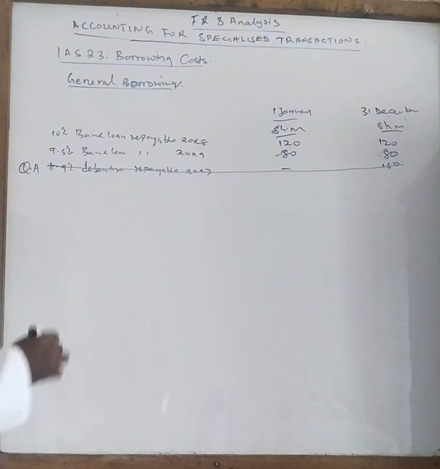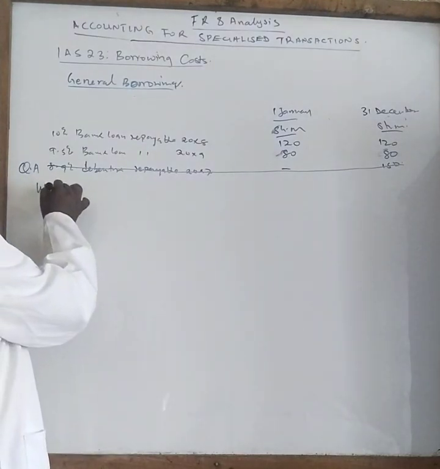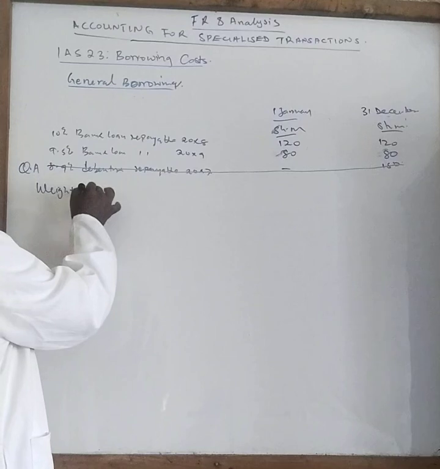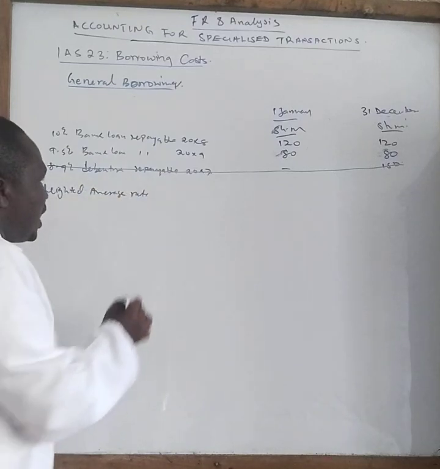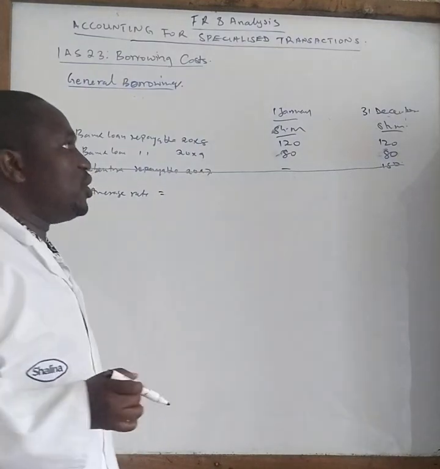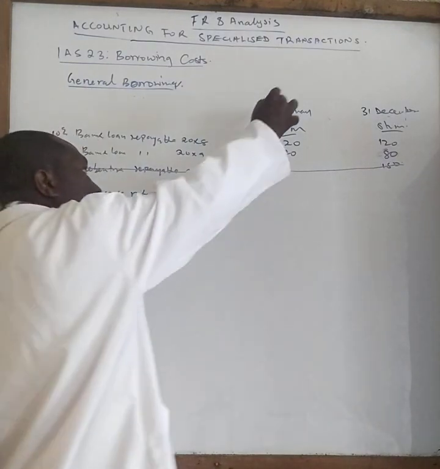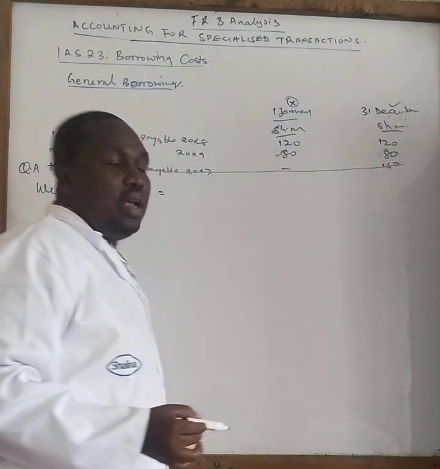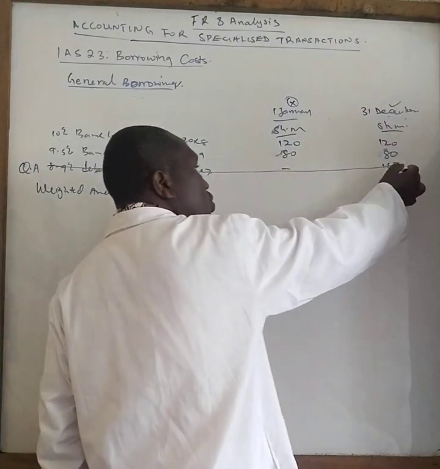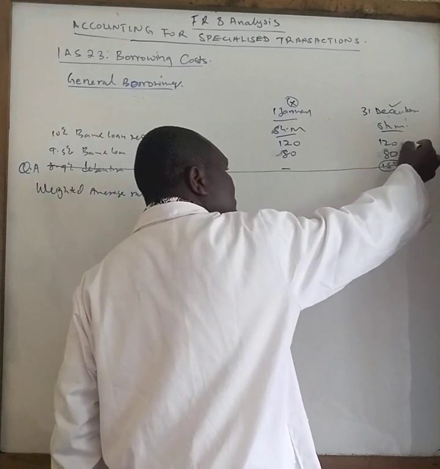So our work will be very simple. Calculate the weighted average rate at the end of the period. And therefore we are not going to use this, but we will use this one.